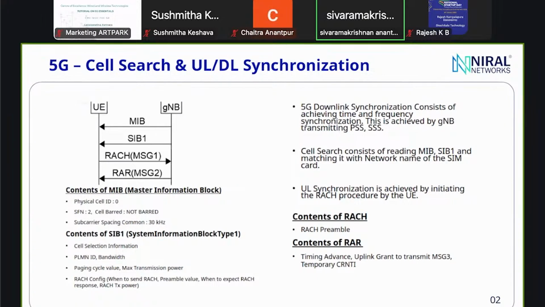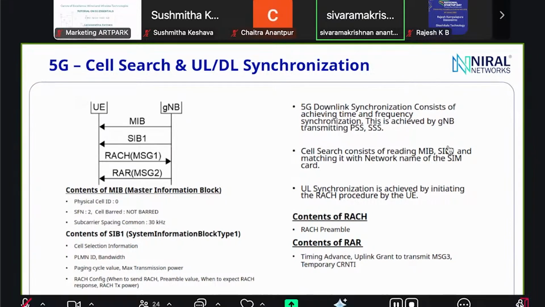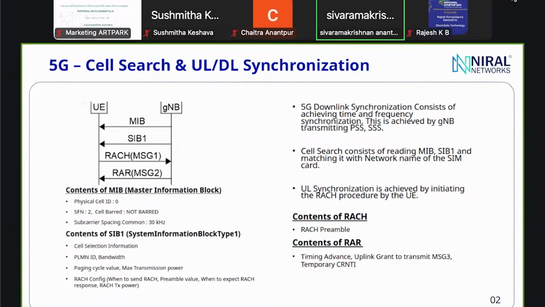So it is the responsibility of the UE to initiate a RACH procedure and negotiate a particular preamble. You can assume that that is a slot, so that on all subsequent communication, this particular slot can be used.